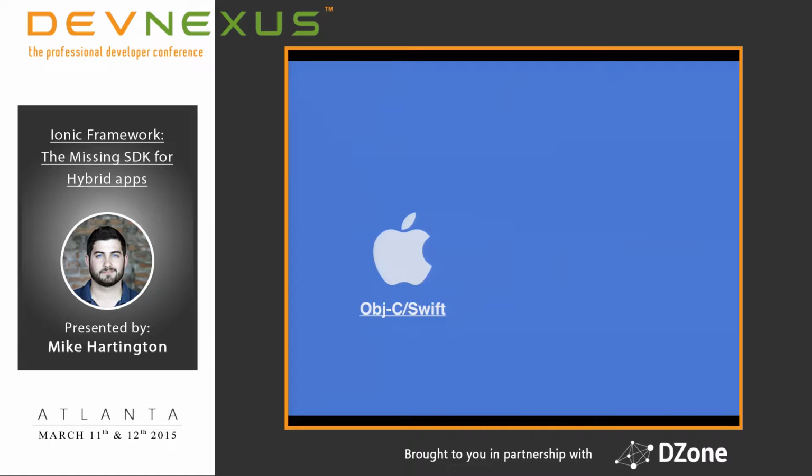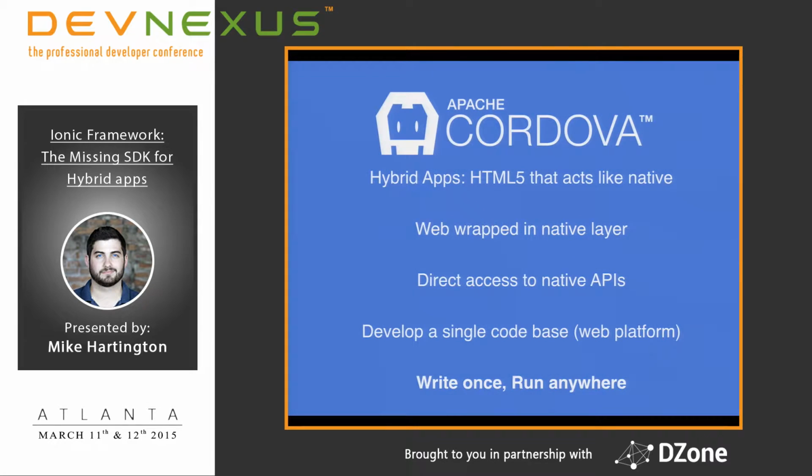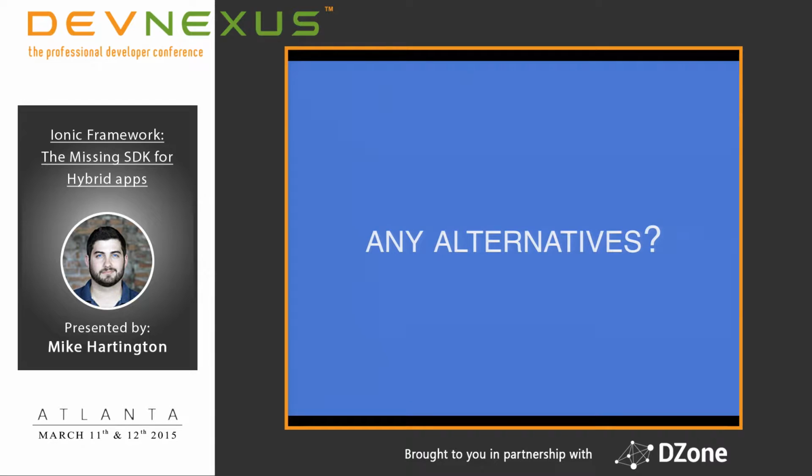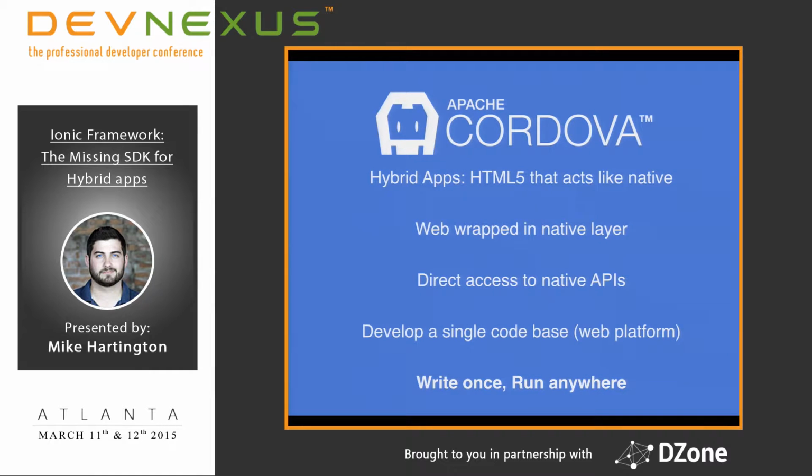Oh boy. Cool. So are there any alternatives? And yes, there's this thing called Apache Cordova. If you've heard of it before, you've probably heard of it as PhoneGap. So essentially what we have is a native component that behaves exactly like a web view.